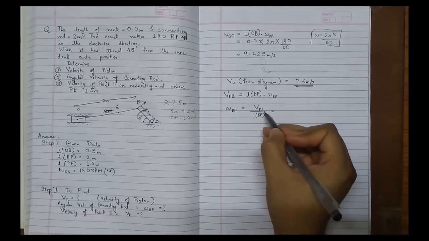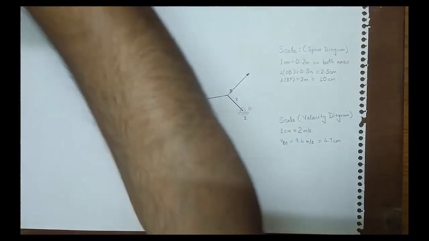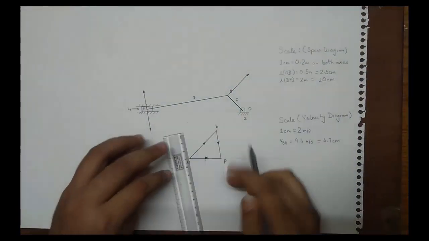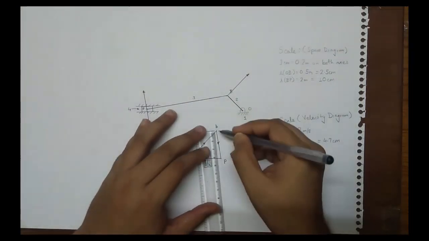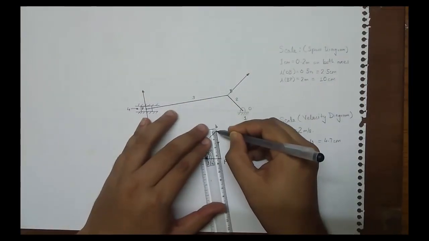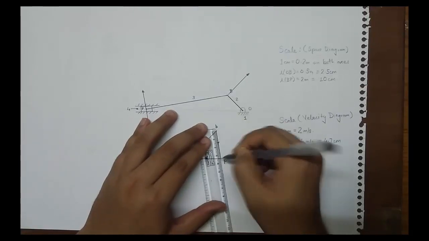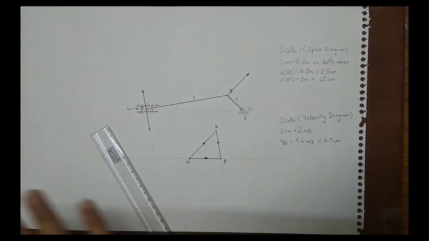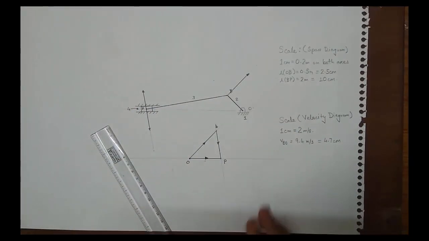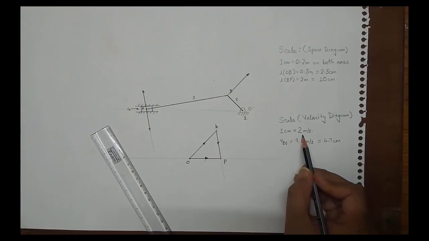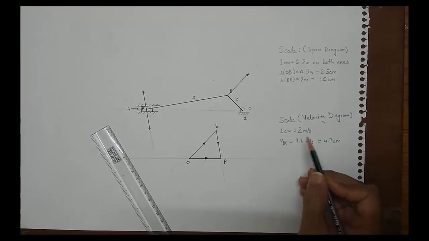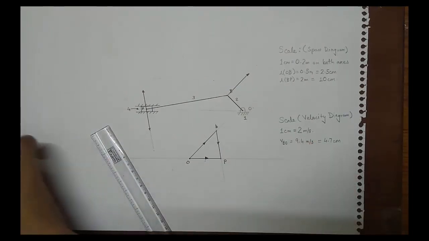What is the velocity of P with respect to B? We can find it out from this diagram. This is the velocity of P with respect to B. We can find out the distance. It is coming out to be approximately 3.4 to 3.5, so we will take 3.5. So 3.5 centimeter into 2 will be 7 meter per second.